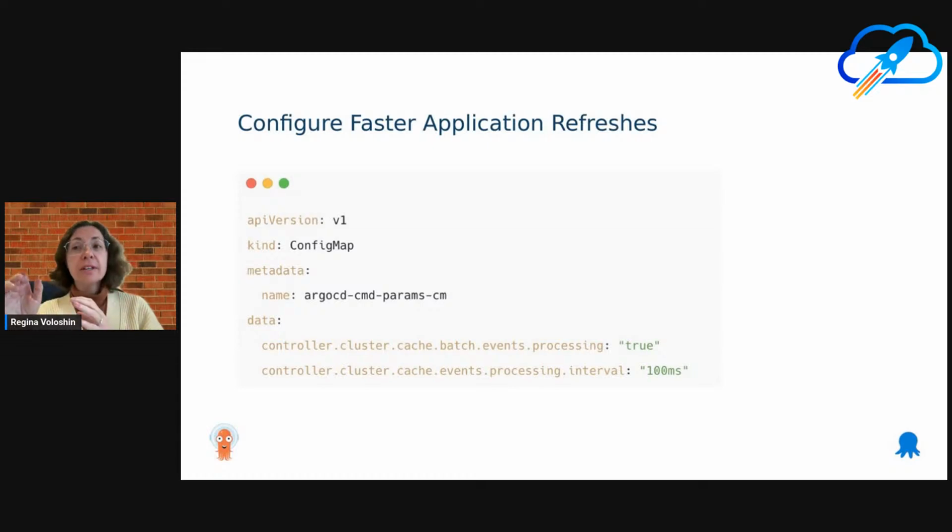But for clusters that have high churn, or that have multiple pods and multiple resources, this value should be higher. And when this value is set to higher, then the contention on the cluster cache would be actually much, much less. And this would result in your application being able to refresh more quickly.